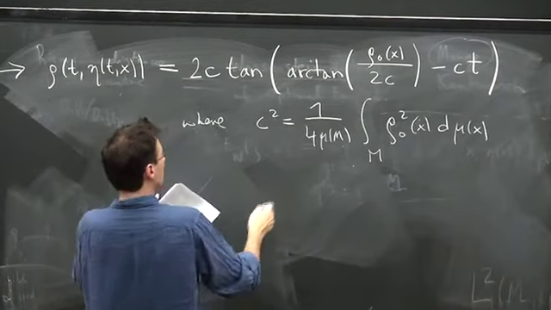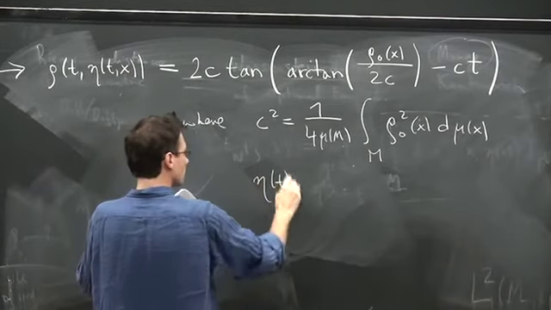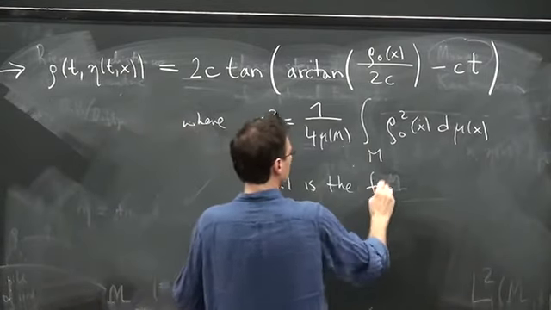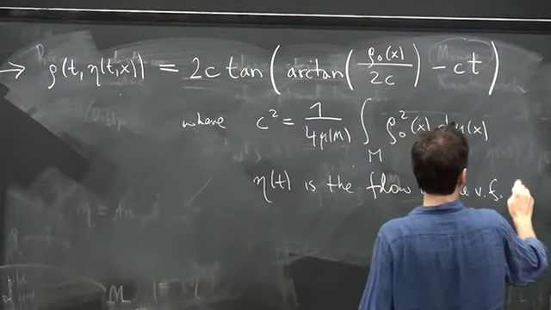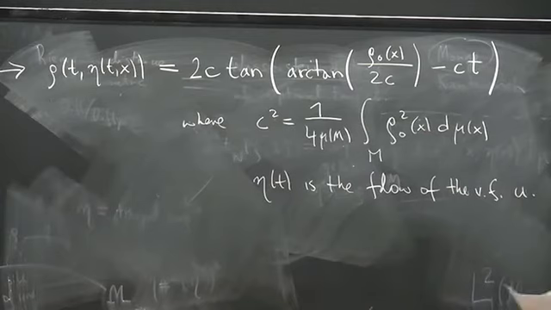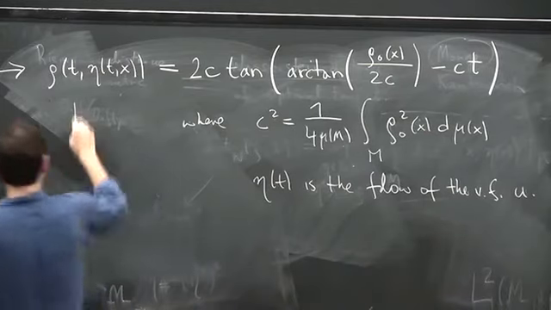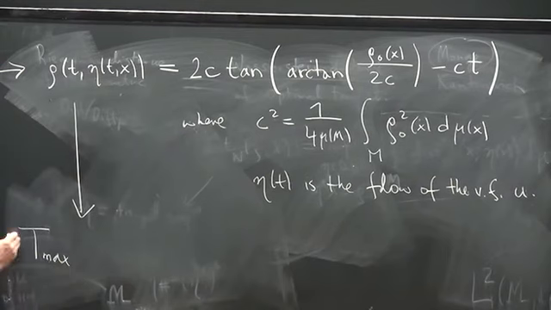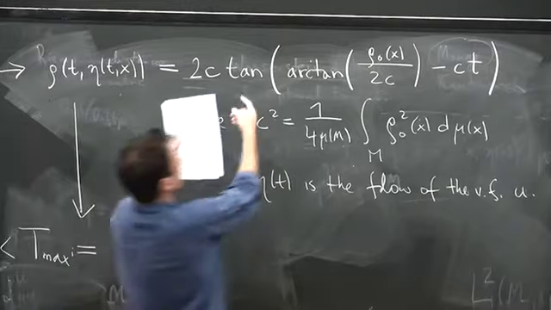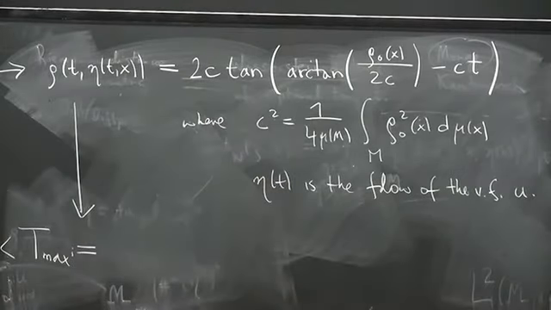And eta of t is the flow of the vector field u. From this representation, I immediately obtain the maximal existence time. This is where the blow-up statements come in. So I have to look at where this becomes unbounded.